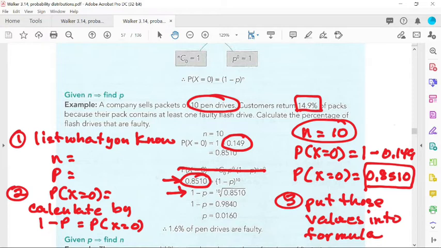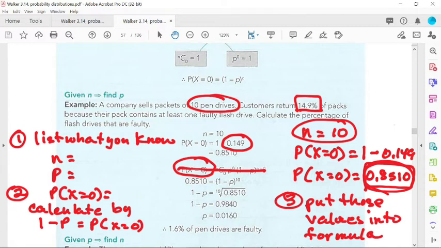Okay, so what we're going to do is just plug in again, put those values into the formula to find out what's missing. So let's just run through that one more time. This side is our probability that x equals 0, and we just calculated that number. We know that number, right? By subtracting the probability that we had from 1.